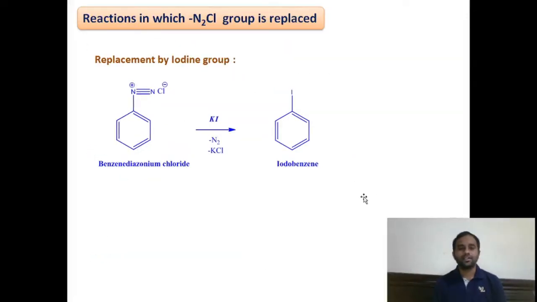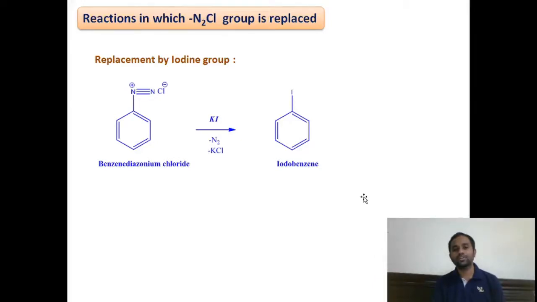And of course we can also replace this diazonium group with iodine by simply treating the benzene diazonium chloride with potassium iodide to give the iodobenzene. Generally we cannot prepare this iodobenzene in a regular manner, that is halogenation of benzene, right?